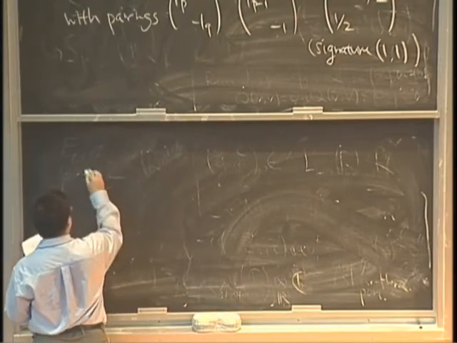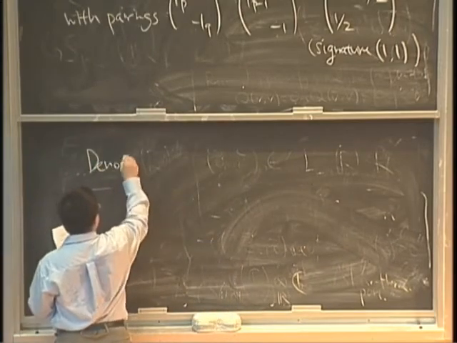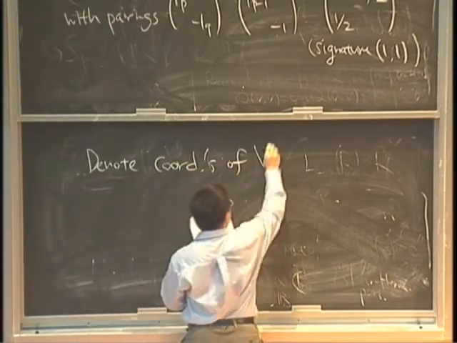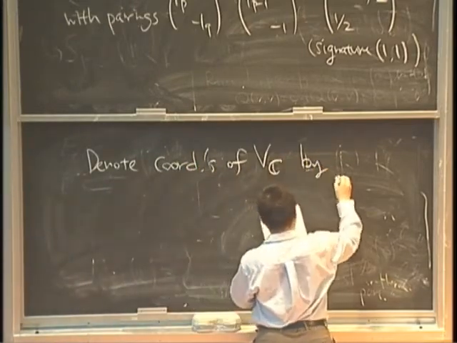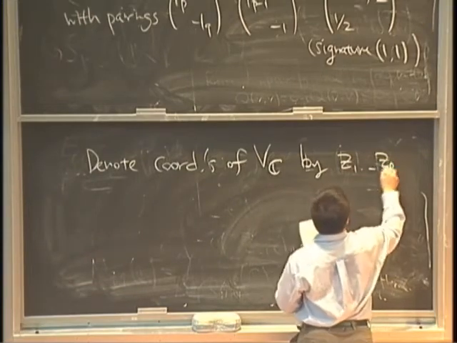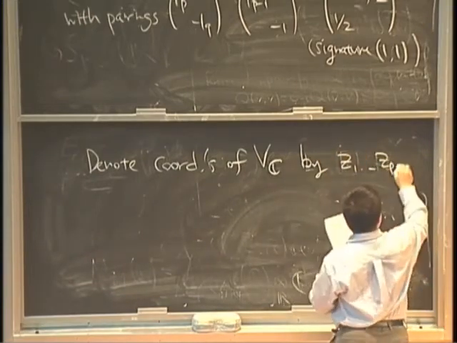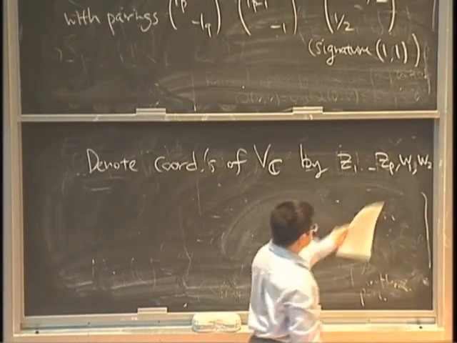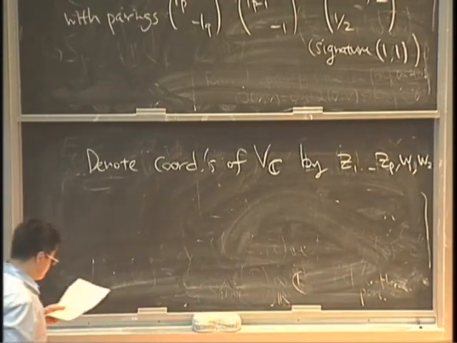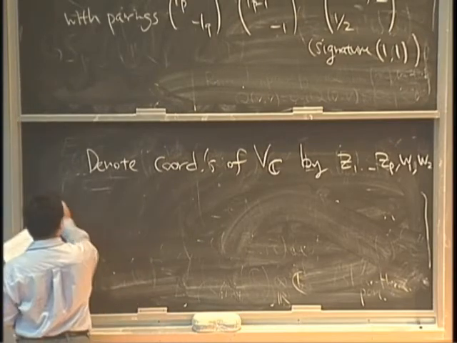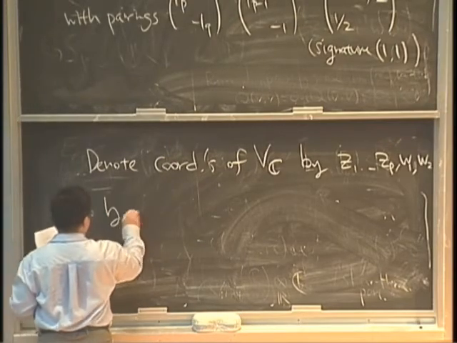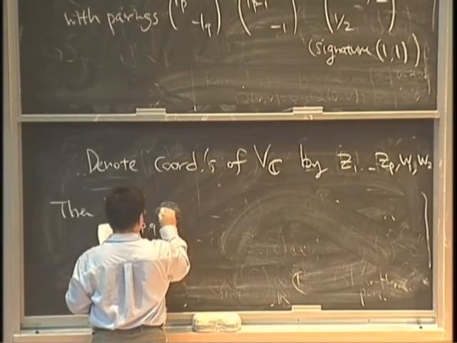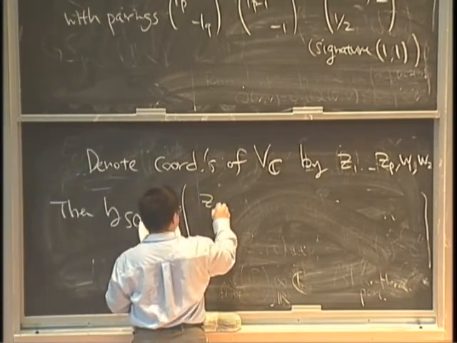Then, so denote the coordinates. The first P will be denoted Z, and now I have W1, W2. Well, I hope you can see here. There's a W1, W2 there. And then this domain is isomorphic to, well, it's just by definition being something like this.